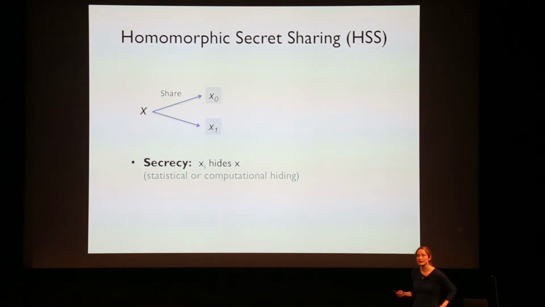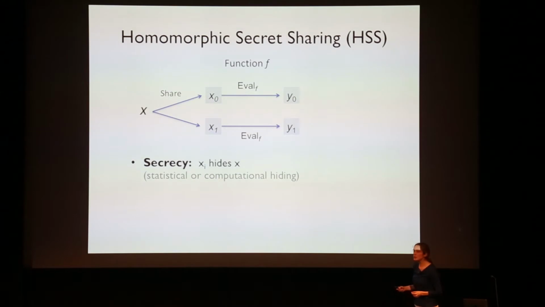Statistical secrecy means that a single share is statistically distributed independently of what the original X was, versus computational hiding, which says that for computationally bounded, say polytime, adversaries, given a single share, you can't tell whether it came from some X or some X prime.